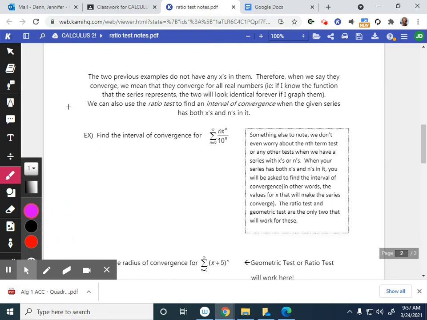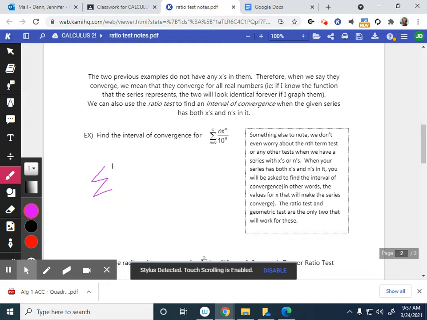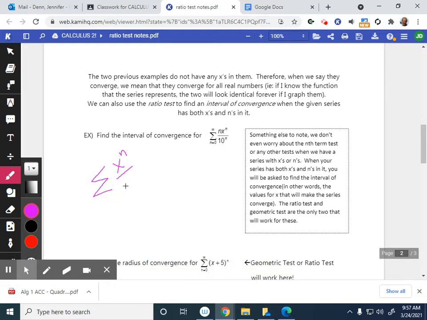This is not the notes yet. This is just a random thing. So for example, if I have the series x to the n over n squared, if x equaled 1, then I'd have the series 1 over n squared.